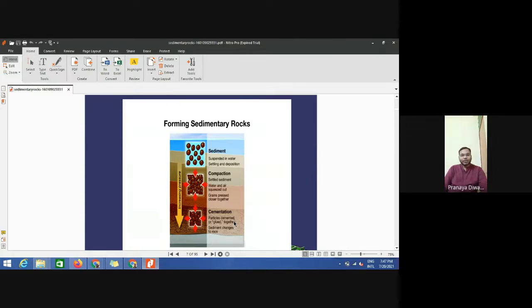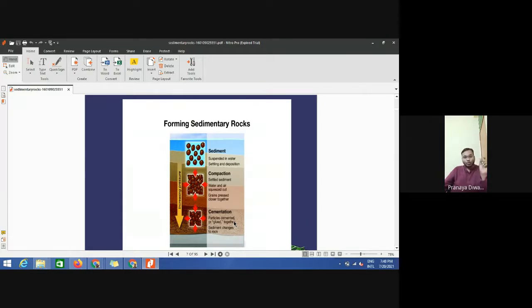You might know how new buildings are formed. When you create a new building, when construction is going on, you need to join two bricks. You need cement. The same process happens with cementation in sedimentary rock.